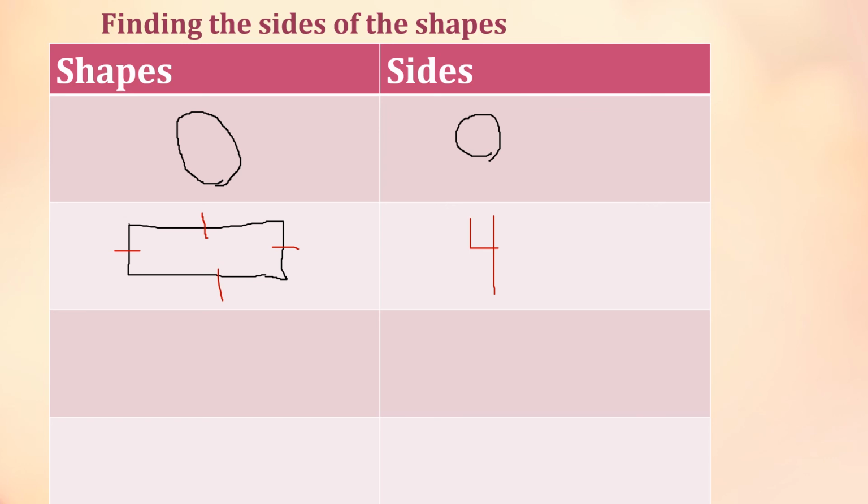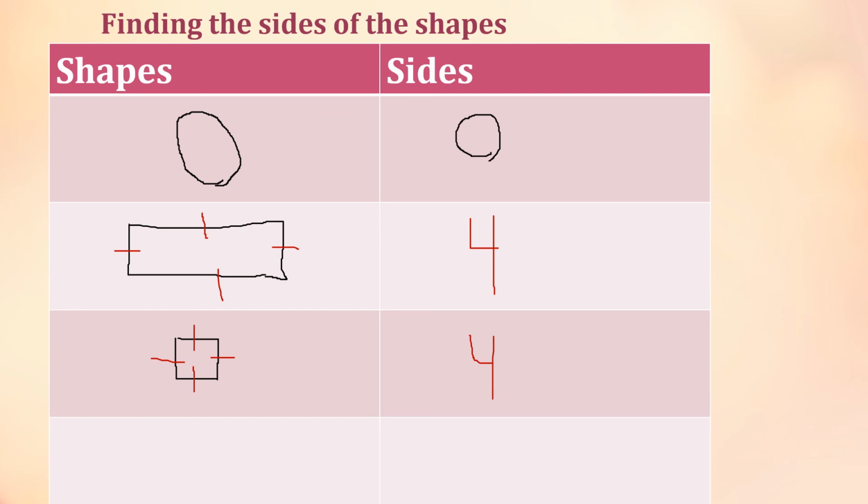Let's go to the next shape. What shape is it, boys and girls? If you said a square, you're right. Let's see how many sides it has. So let's count. 1, 2, 3, 4. The square has also 4 sides, just like the rectangle.